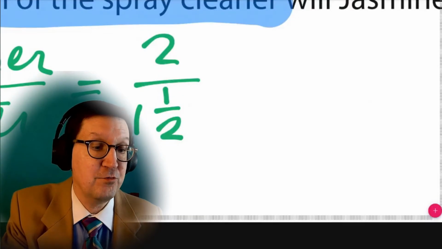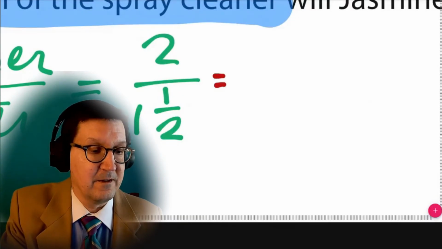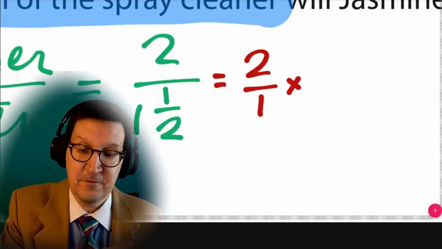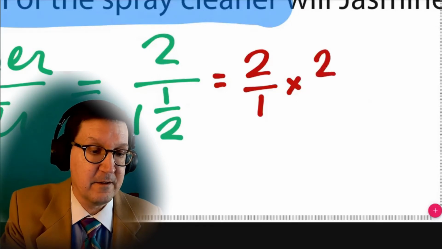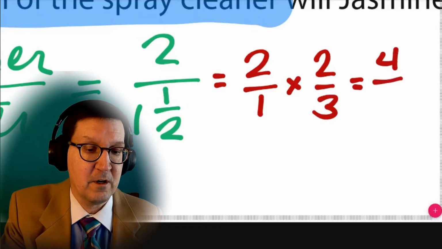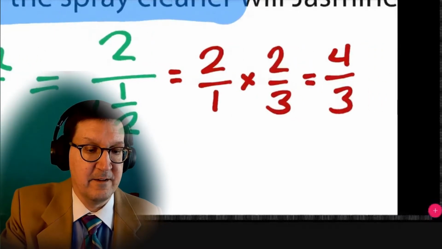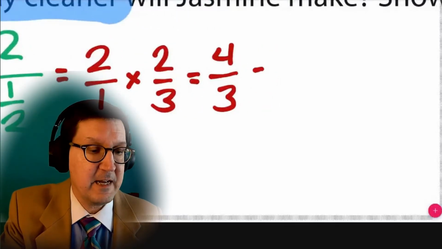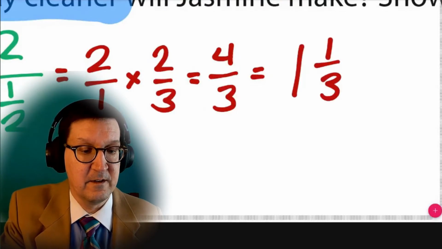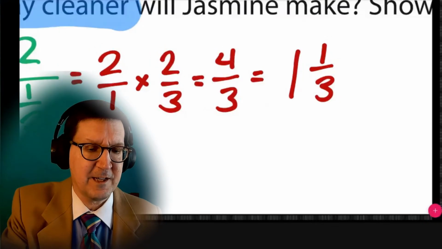So let's do that. 2 divided by 1.5 is 2 multiplied by 2/3, the inverse of 3/2, which gives you 4 over 3. And 4 over 3 is the same as 1 and 1/3. Okay, so that gives us 1 and 1/3.